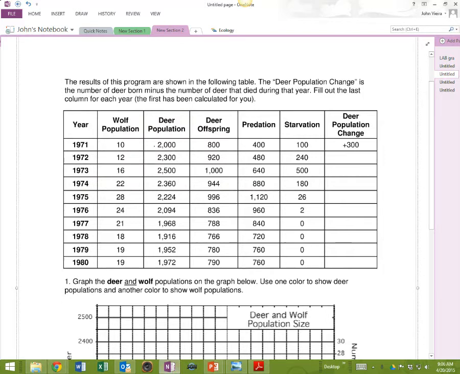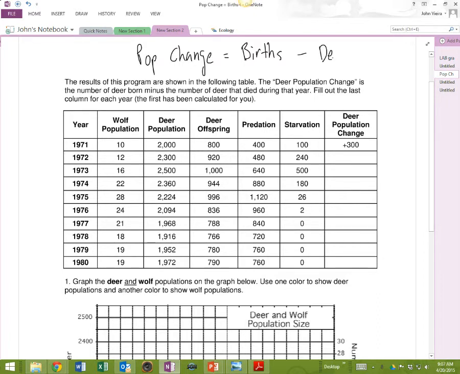So you guys are going to need to calculate the deer population change. There's a couple ways to do that. But population change is very simple. It's the births subtracted by the deaths.